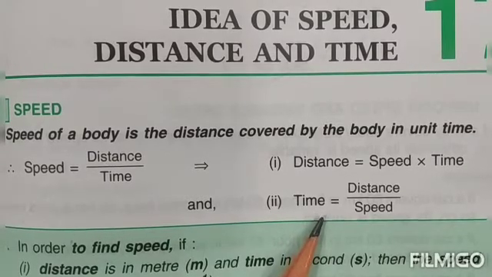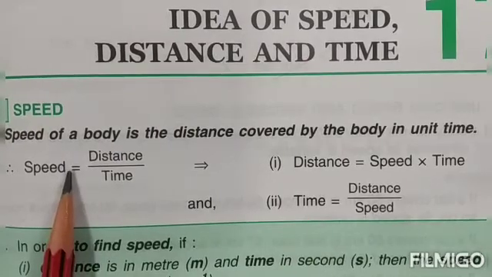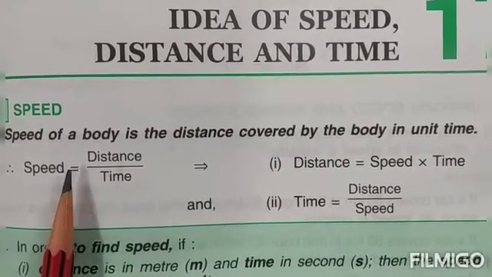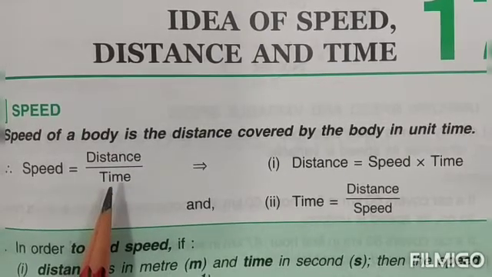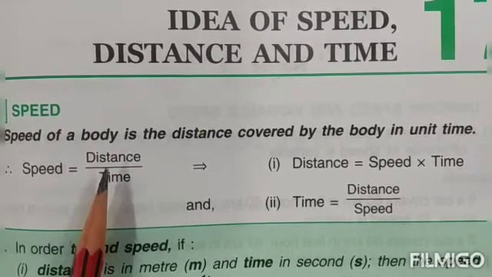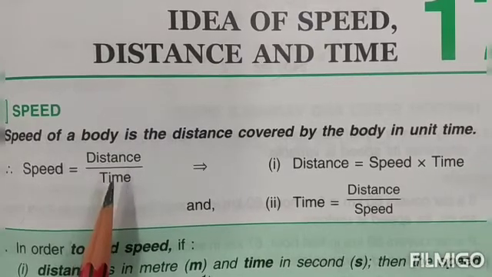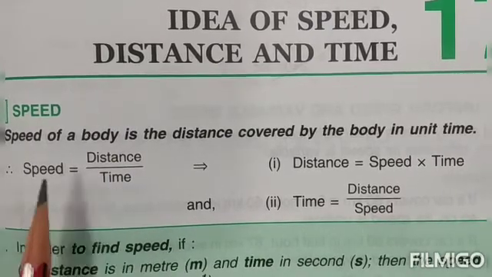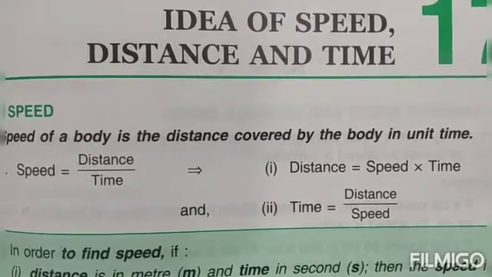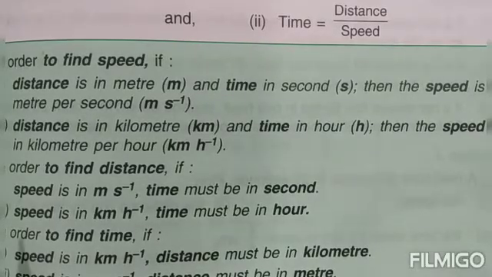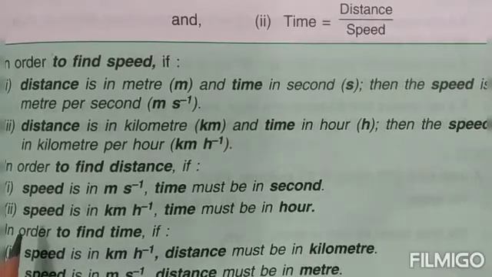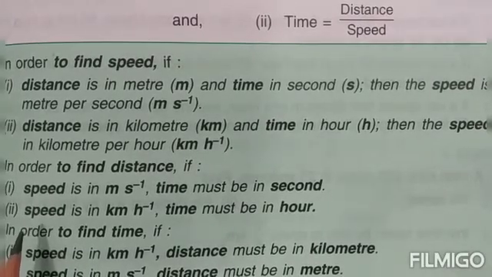Another thing is, children, whenever we are calculating speed, we have to make sure that the distance is given in kilometers and the time is given in hours. Now, if the distance is given in kilometers and the time is in hours, our speed will be calculated in kilometers per hour. Another unit for calculating the speed can also be, children, in meters per second.